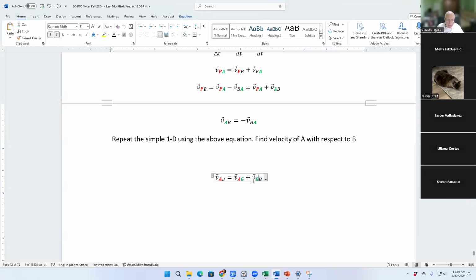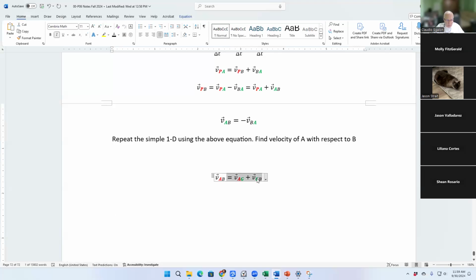A is going to become the ground, and whatever is B remains B, right? Let's see if it's right. We want to find this guy right here, velocity of A with respect to B. A, the first on both sides. B is the last on both sides. The ground is in the middle, right?